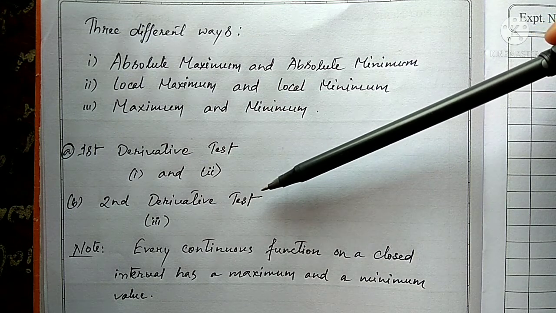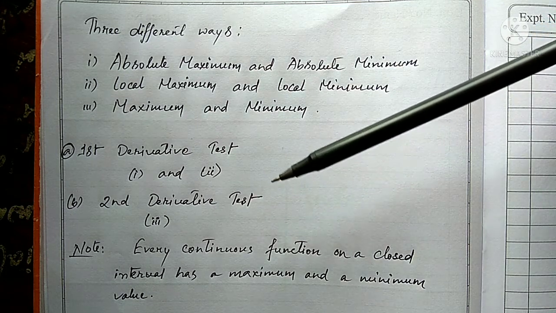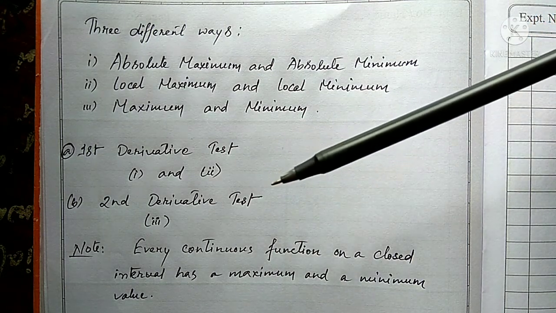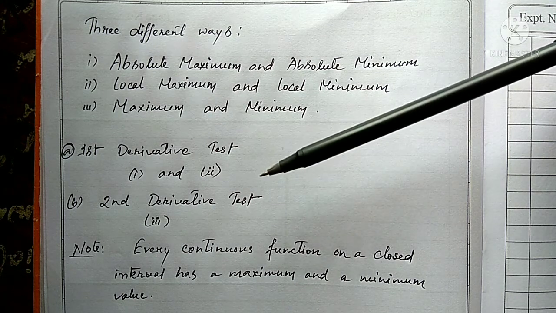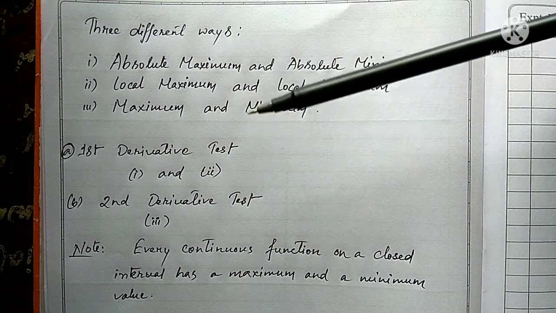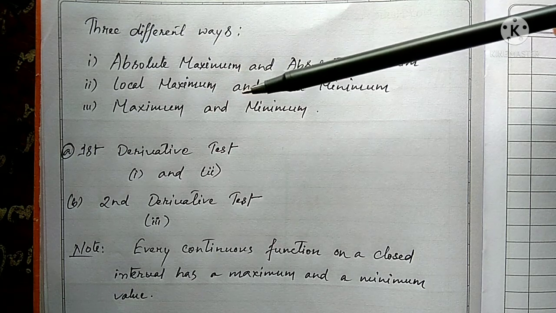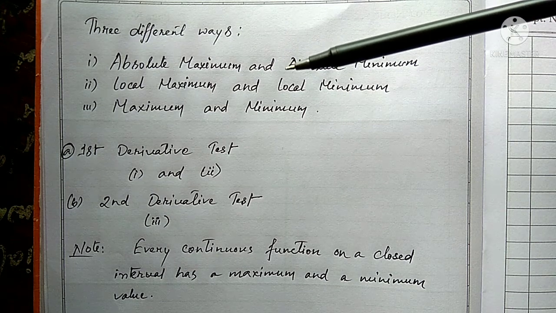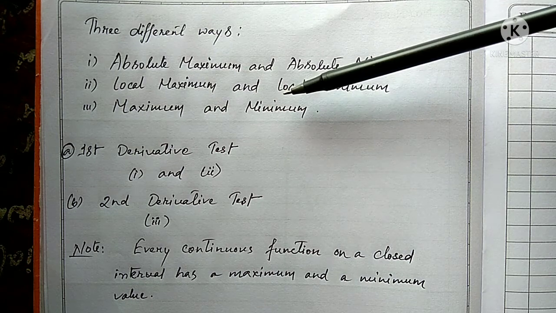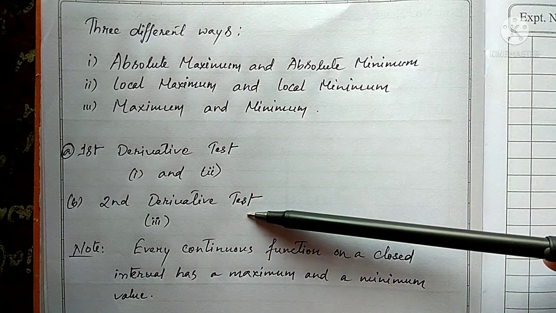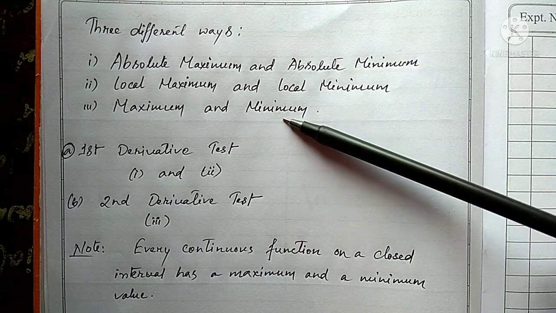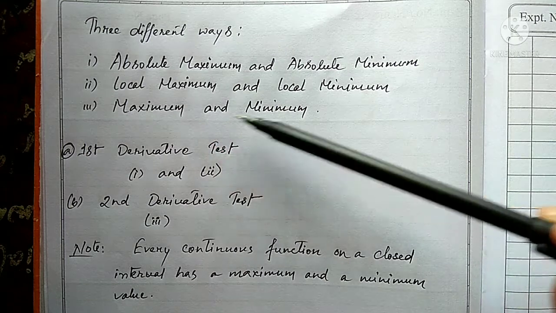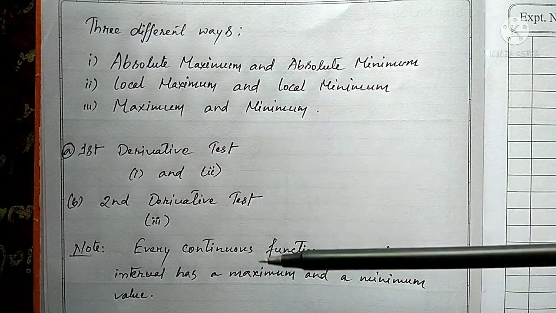Here we have to take the derivative only once, and from this we will find out the result. There are some methods and procedures which we will discuss. But if anyone asks a question, under first derivative test which two methods are included, then we have to say absolute maximum and absolute minimum, local maximum and local minimum. Is it clear? And after that, the second derivative test, under which comes maximum and minimum. So easily we can say the third one, maximum and minimum, means we have to apply the second derivative test.